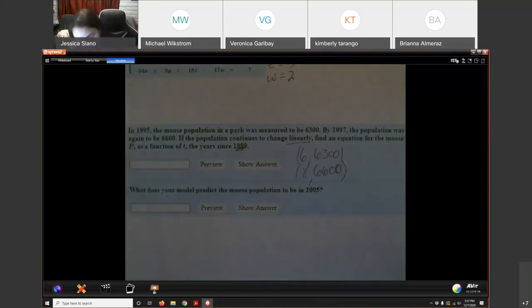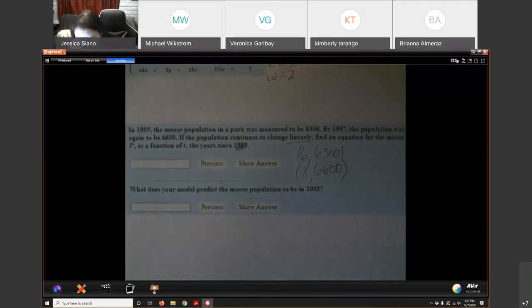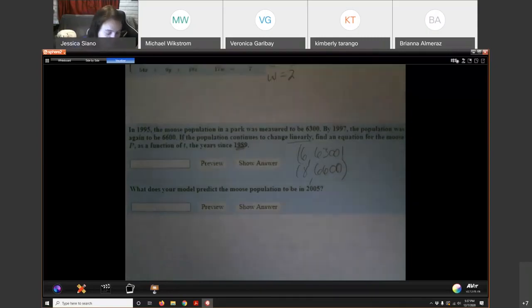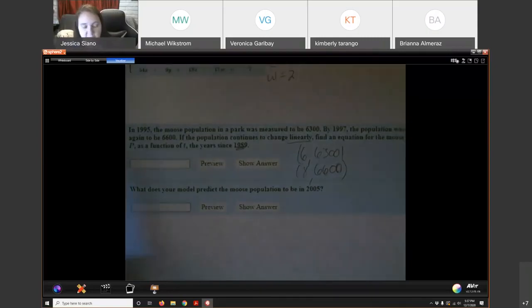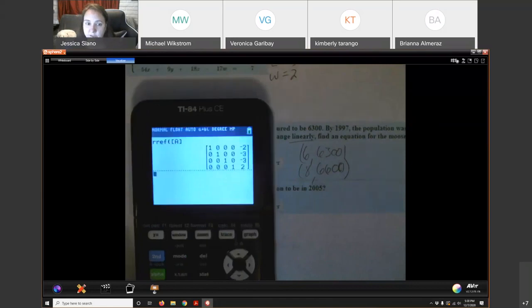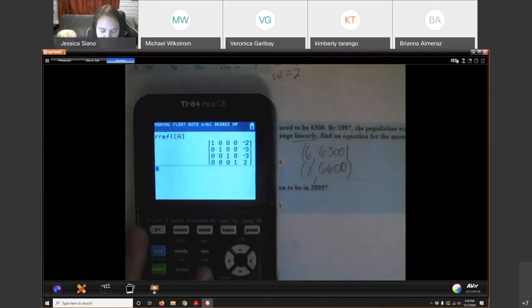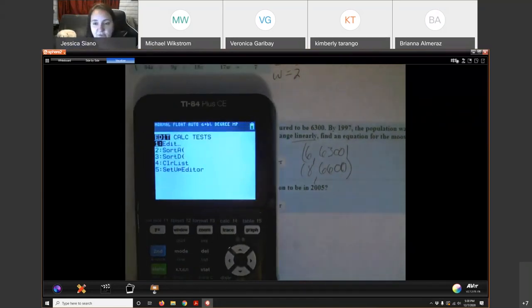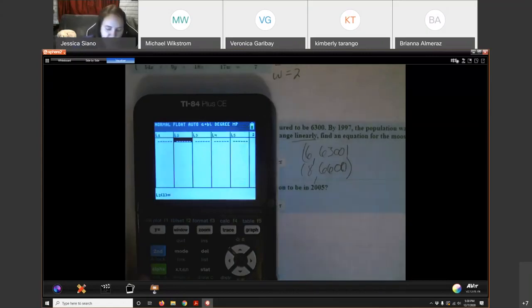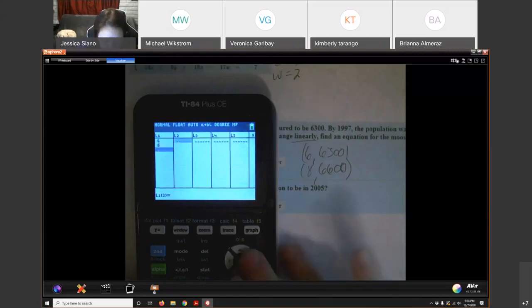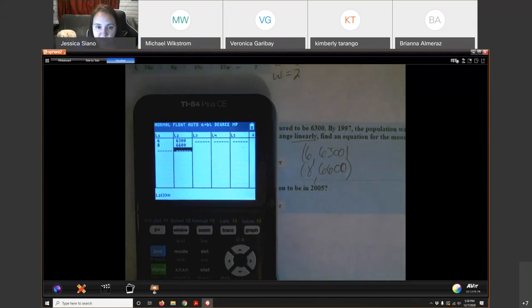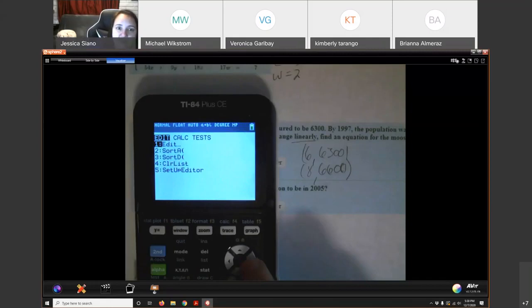Now, you could absolutely find the slope and then plug it into point slope and then solve for y. Sure. Or we can make the calculator do a little bit of work for us. So go to stat and then enter for edit. And let's put in these 2 points. 6 and 8 are my x values. 6,300 and 6,600 are my y values. And then go stat, calc.